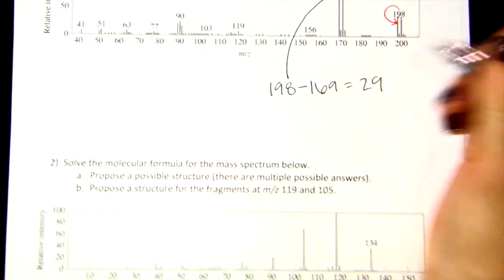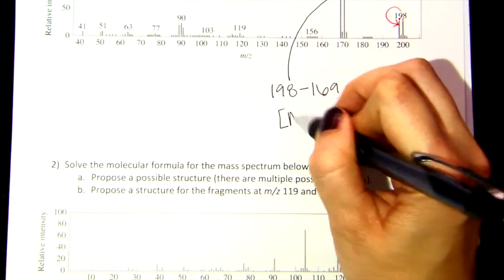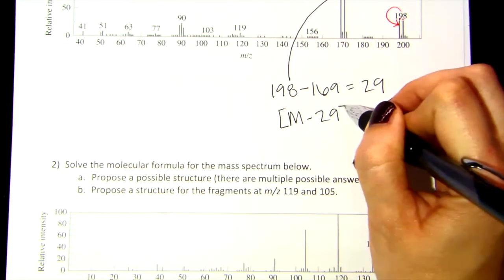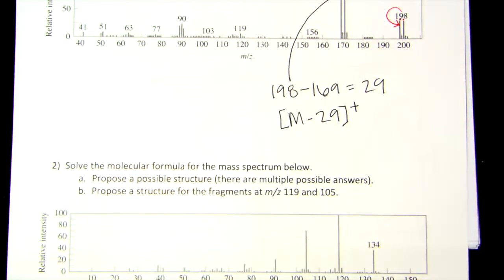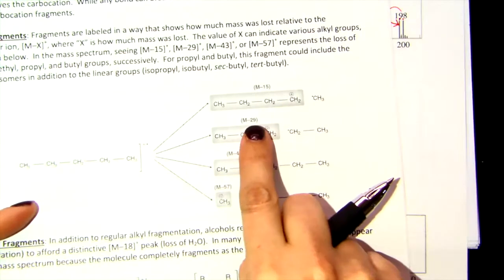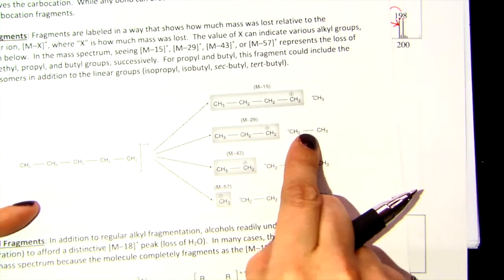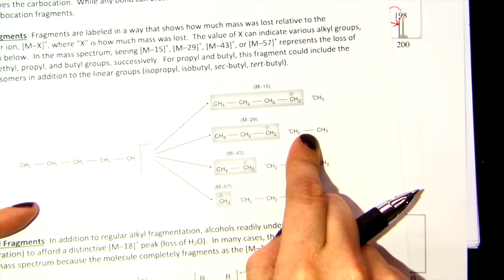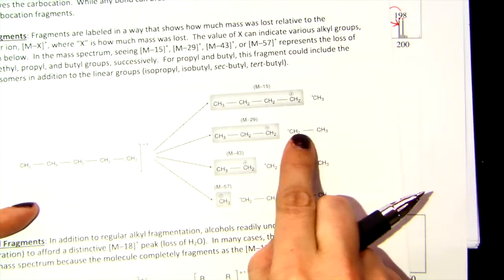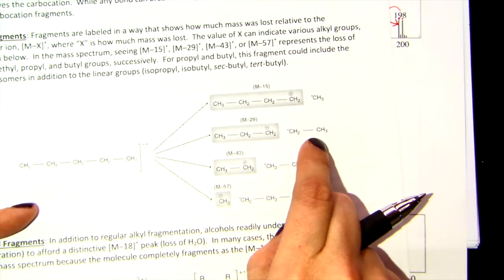Comes out to 29. So this peak, if we were going to label it, is an M minus 29 peak. And if you look back at what we talked about with fragmentation, 29 is one of those signature numbers that indicates that we lost an ethyl group. Right? So it's highly likely we at least have an ethyl group somewhere in our molecule.